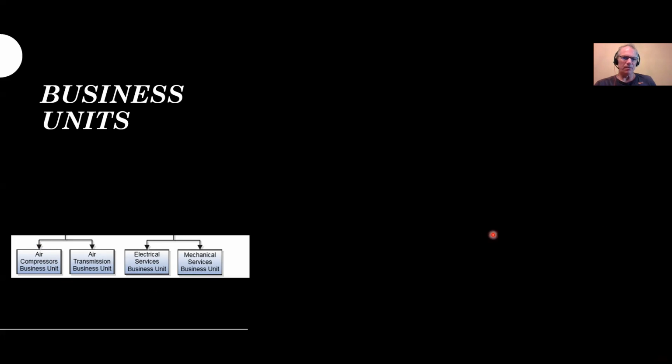Let me go over business units one by one. What's included, at least with Oracle, on business units? What functionality is available? If you see a dollar sign here, that means it will need a primary ledger.